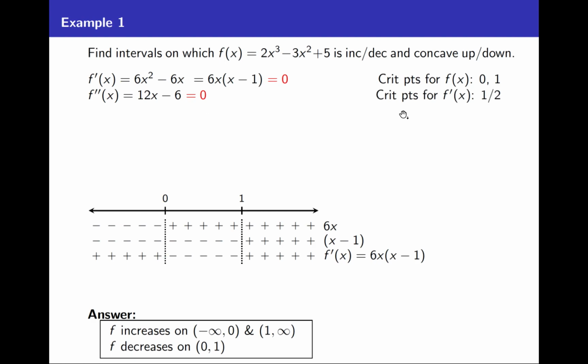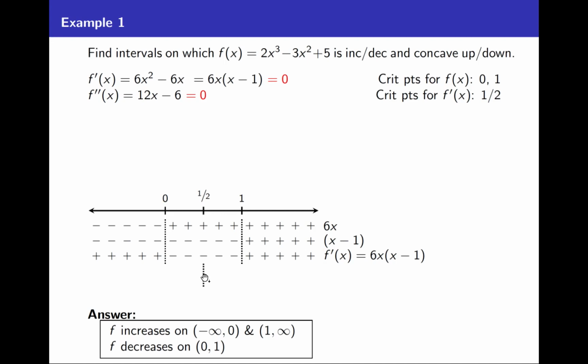So you might think about that 1/2 as being a critical point for the function f prime of x. It's a number that makes its derivative equal to 0. So just one number, 1/2, makes the second derivative equal to 0. And we're going to plot that 1/2 right there, right between 0 and 1.